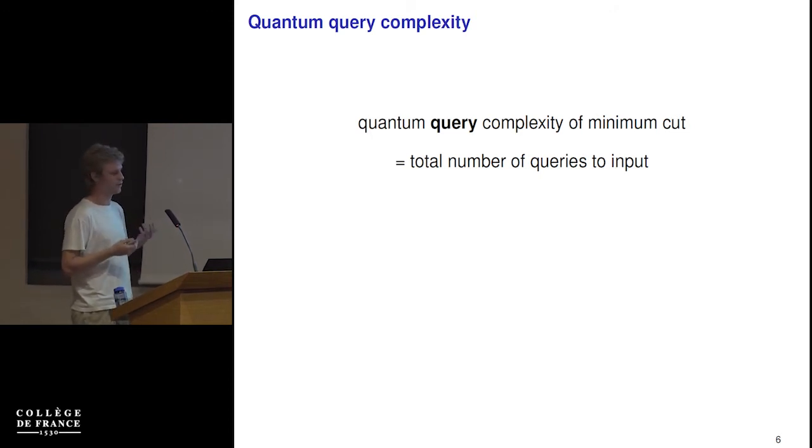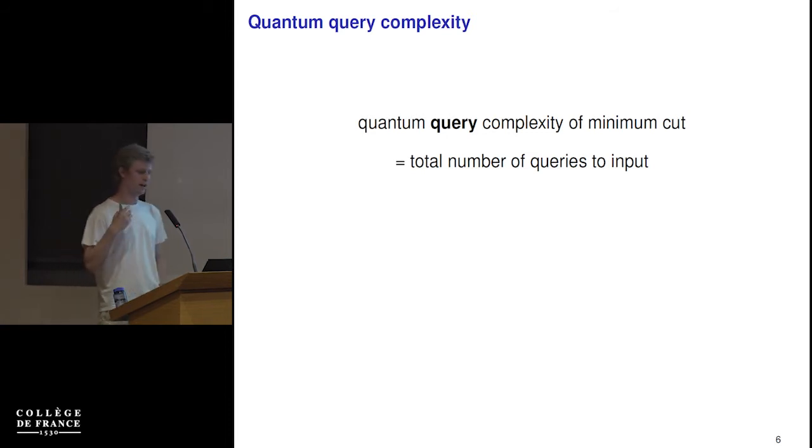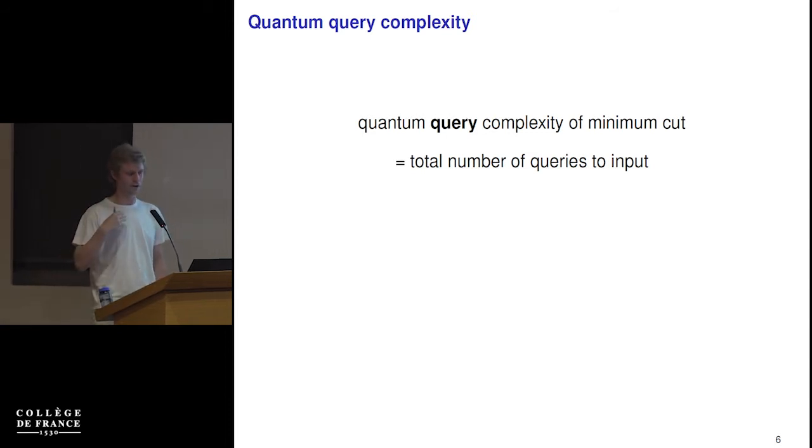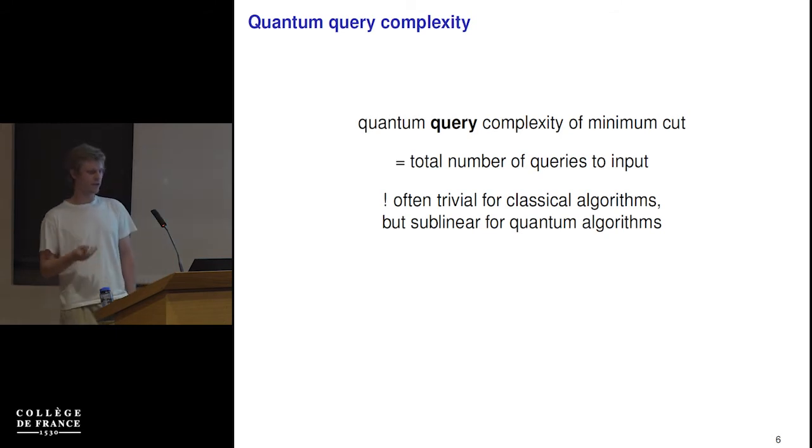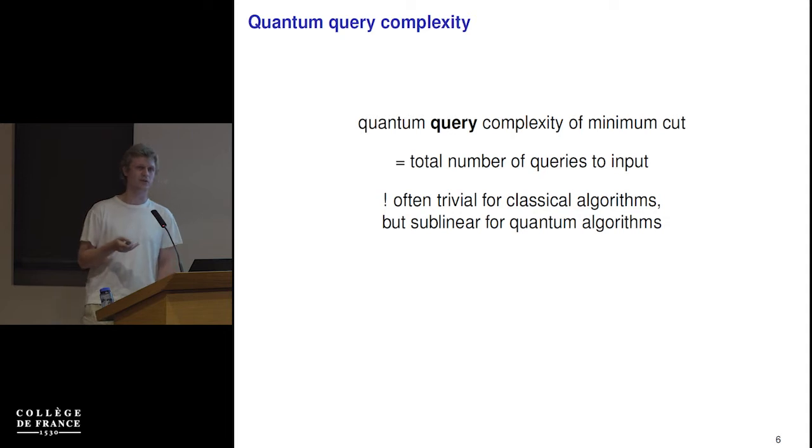When we talk about the quantum query complexity of a problem, we mean: if we have query access to the input, what's the total number of quantum queries that a quantum algorithm has to make to this input to determine or solve this problem? While the query complexity is often trivial for classical algorithms, like for minimum cut, where it's not hard to show that any classical algorithm should see the full set of edges before it can decide what the minimum cut is, quantum algorithms can often solve problems in sublinear time.